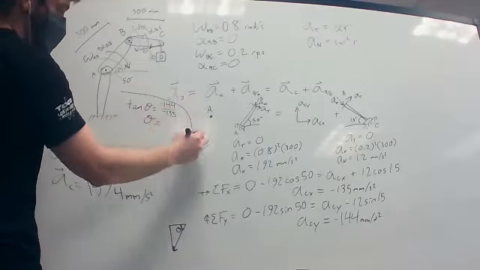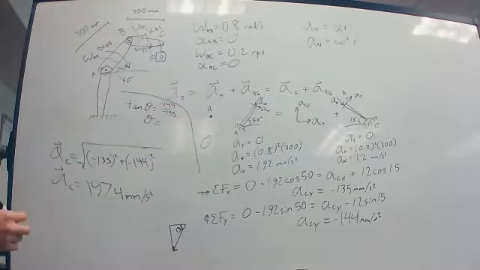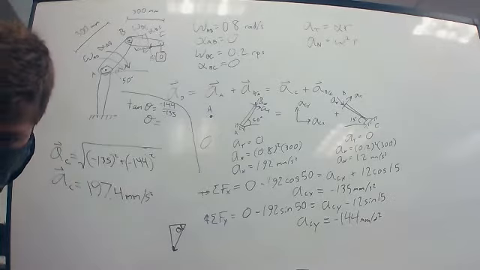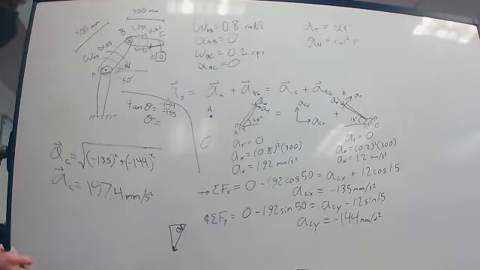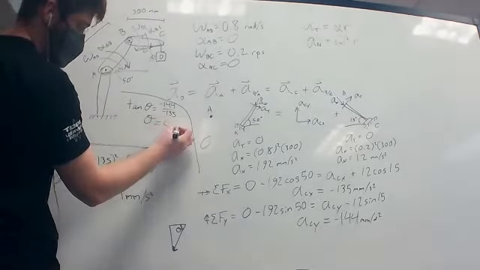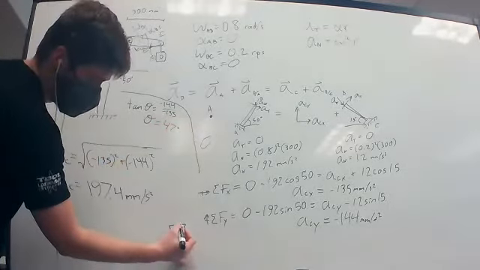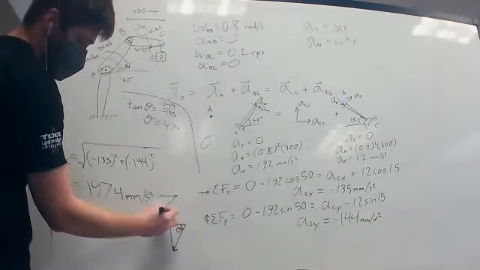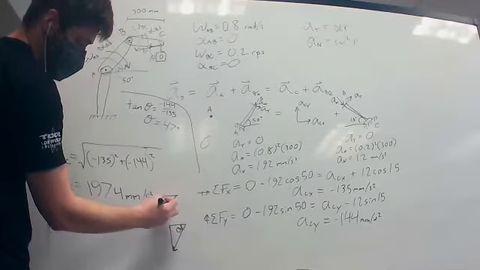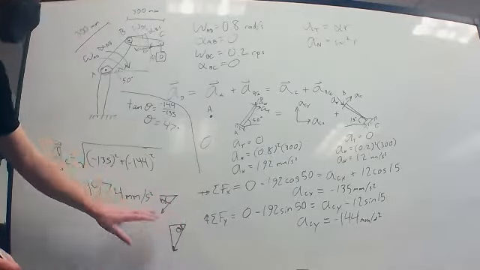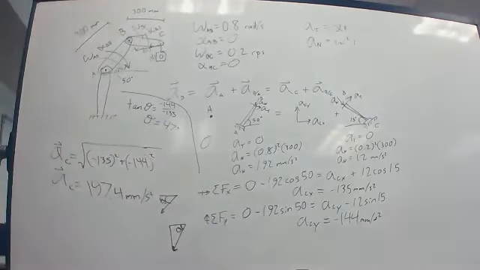This is separate from that. And the angle comes out to be 47 degrees. And since we drew our angle like this, we would say something like this. And this just represents that corner of the triangle where we solved this theta from.